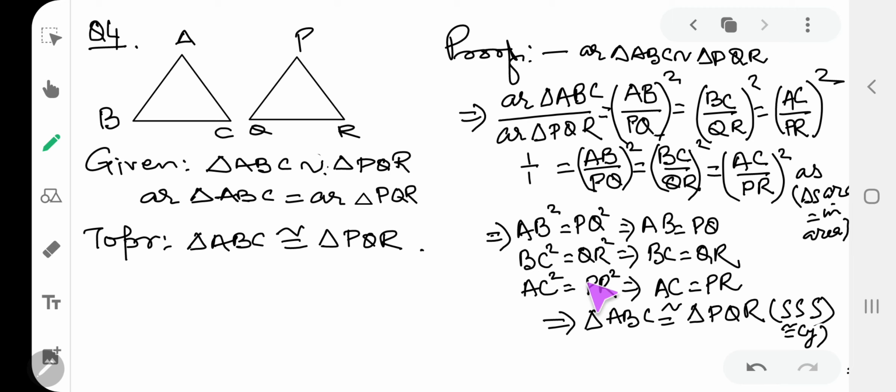And children, taking square root both sides will give you AC is equal to PR. And therefore, all the three sides of triangle ABC are equal to the corresponding sides of triangle PQR. All the sides are equal. Therefore, we can say that the triangles are congruent by SSS congruency.